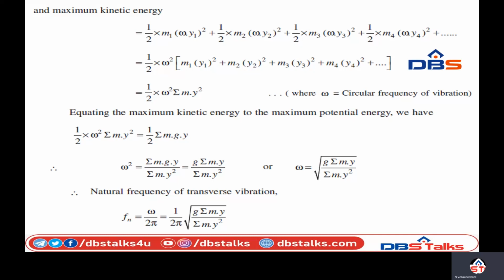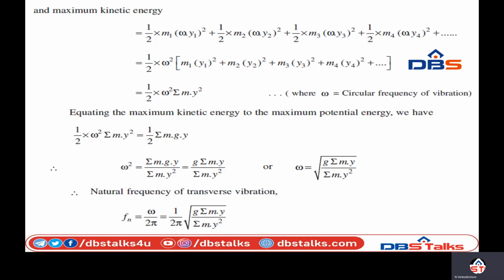So the masses may vary, and accordingly the deflections also may vary. So don't think otherwise. The G for all the masses is the same, that is gravitation. G is 9.81 only. So keeping that aside, omega is equal to square root of G into sigma of my by sigma of my square.